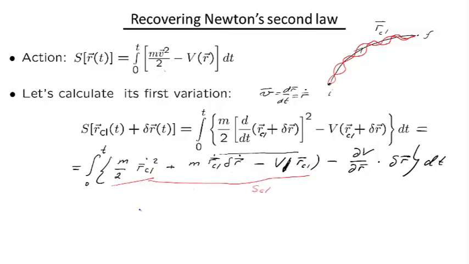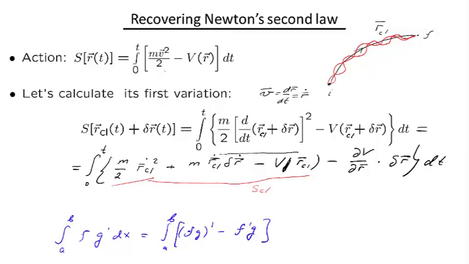Just to remind you, many of you have seen it before. If we have an integral from a to b of a function f times g prime dx, we can write it as the derivative of everything, f g prime minus f prime g.